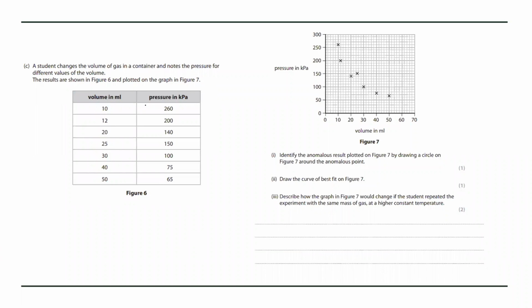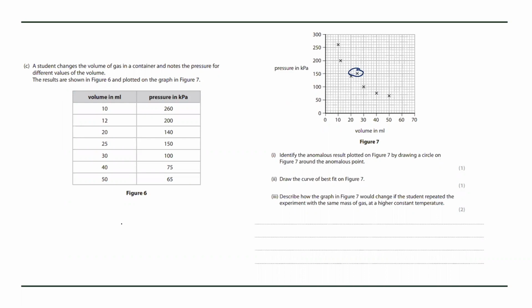They're changing the volume, and the pressure. Identify the anomalous result plotted on figure 7 by drawing a circle around the anomalous point. So it's probably the easiest 1 mark on this paper. That one.